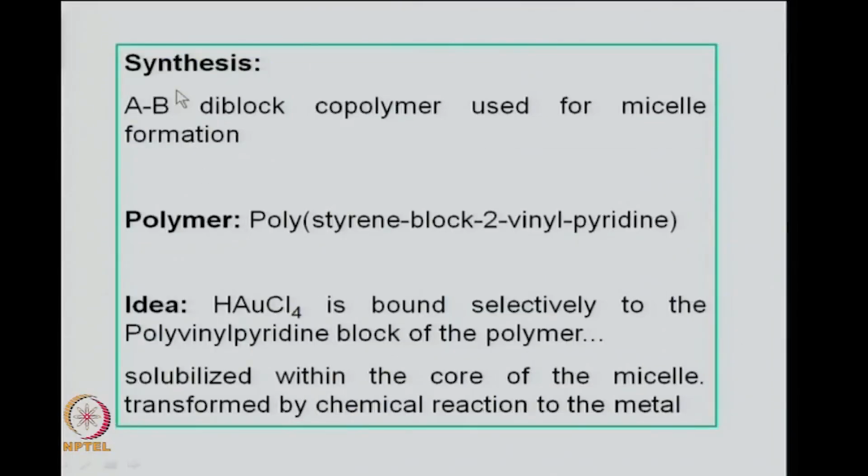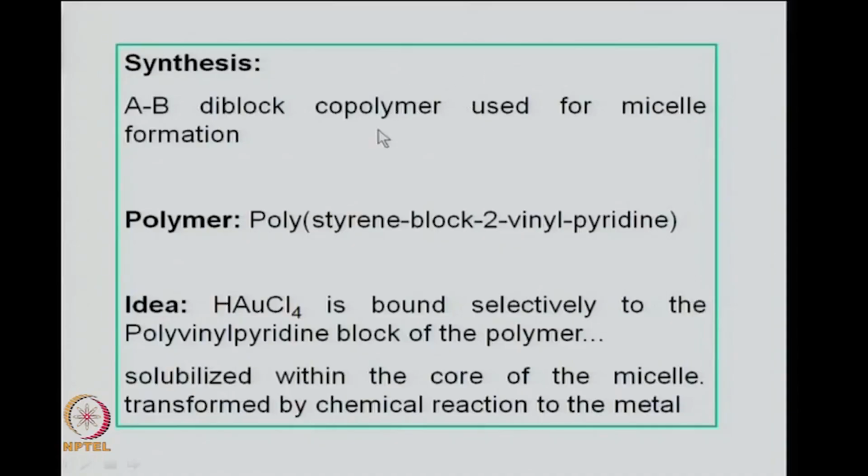So, what we were discussing is an AB diblock copolymer which is first used to form a micelle using the surfactant-like behavior of aggregation, where like the polar head groups in surfactants come together to form a micelle, and the tails are pointing outwards.